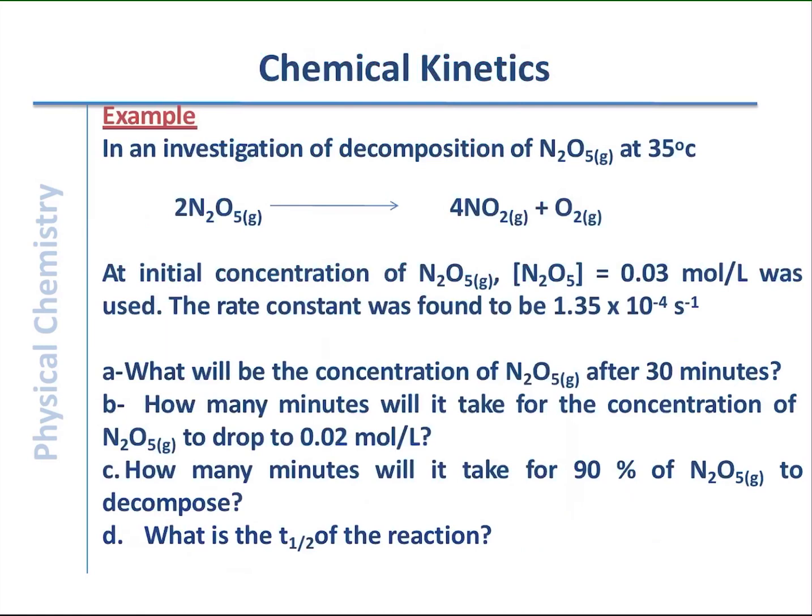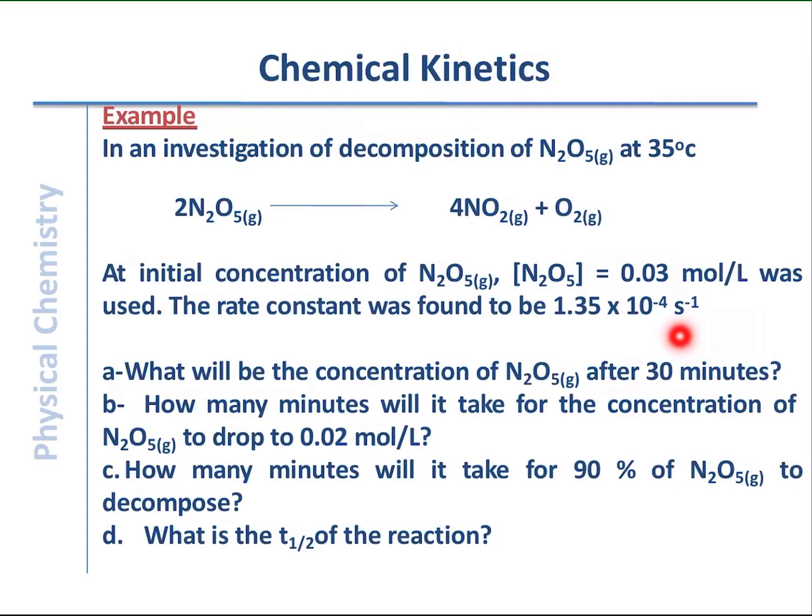Here we have an example, investigation of decomposition of nitrogen pentoxide at 35 degrees. Here is the reaction. The initial concentration of the reactant was 0.03 mole per liter. The rate constant was found to be 1.35 by 10 to the power minus 4 second minus 1.